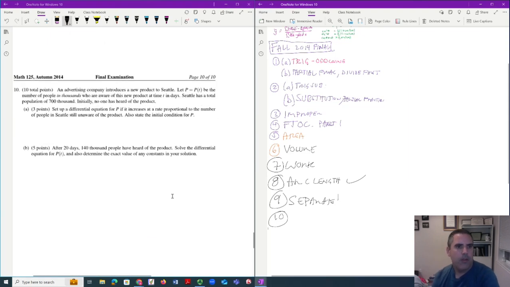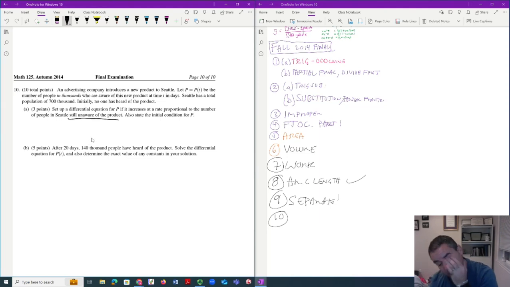And then we have an advertising company introduce a new product to Seattle. Let P of T be the number of people, in thousands, who are aware of the new product. So some sort of population problem. Seattle has a total population of 700,000. Initially, no one has heard of the product. Set up a differential equation for P if it increases at a rate proportional to the number of people in Seattle unaware of the product, and also state the initial condition.